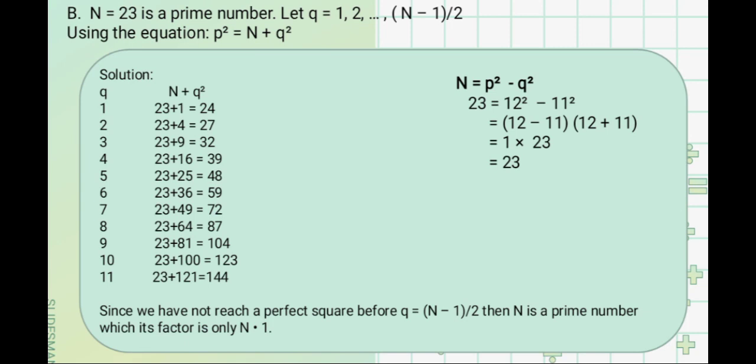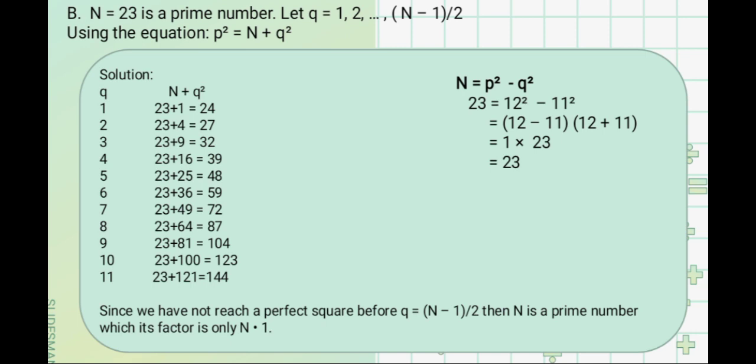So, by using the Fermat method, which is n is equal to p squared minus q squared. So, our n here is 23. Is equal to, pila tong p squared? 12, because mao man ni ato 144. 12 times 12 is equal to 144.